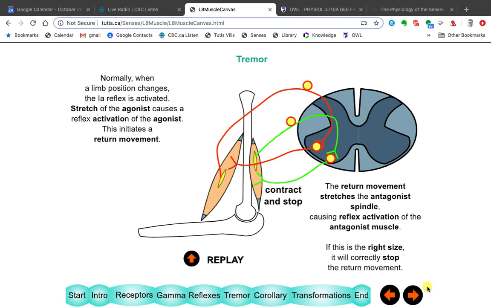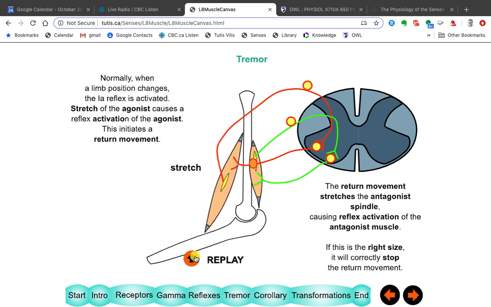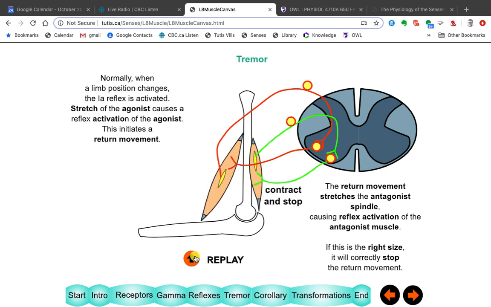Okay. So what happens if you have high gamma activity? I think this is it. No, this is the normal one. You can see that it stops it in the right position, as we explained.